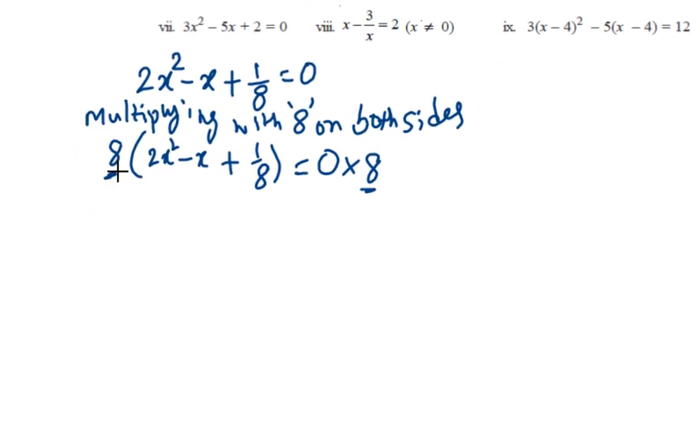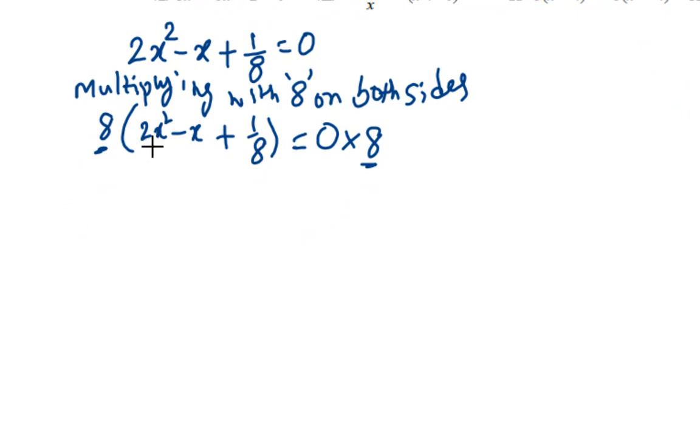Now let us multiply this 8 to the terms inside the bracket. So 8 into 2x square we get 16x square, and this is a positive term, plus into minus we get minus 8 into x, we get 8x.